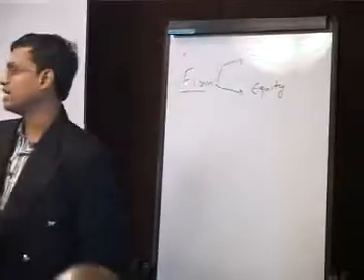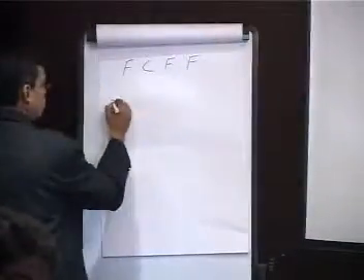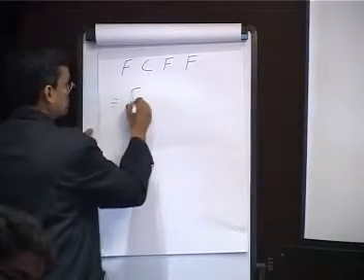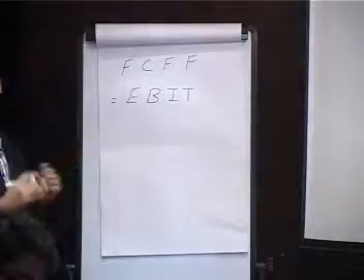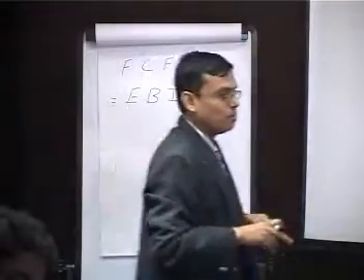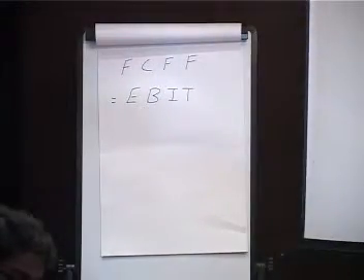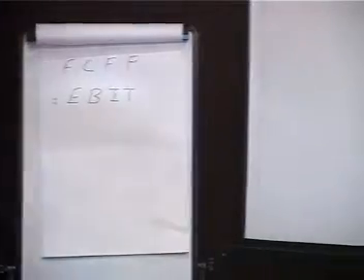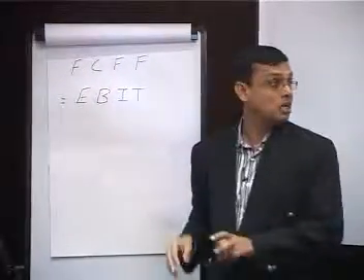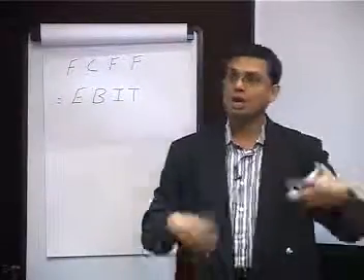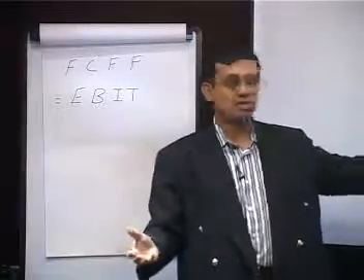So please note, that's exactly where we start from in free cash flow to firm, which is earnings before interest and tax. Earnings before interest and tax, because this, thank you, Prasanna sir, includes interest which can be used to service debt and also the earnings which can be used to service equity.